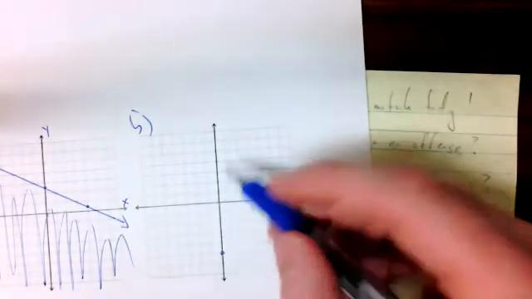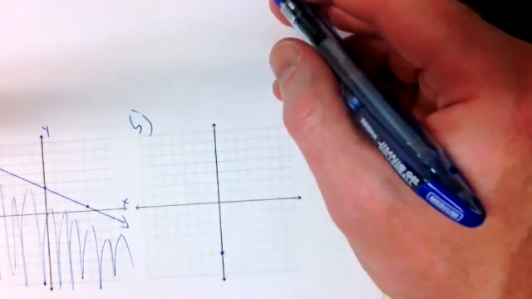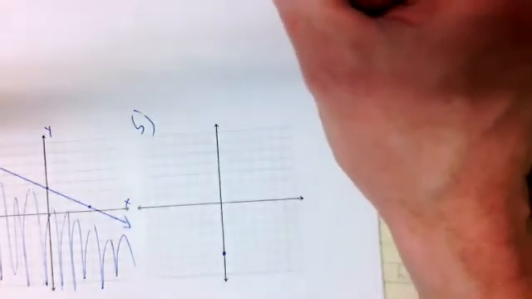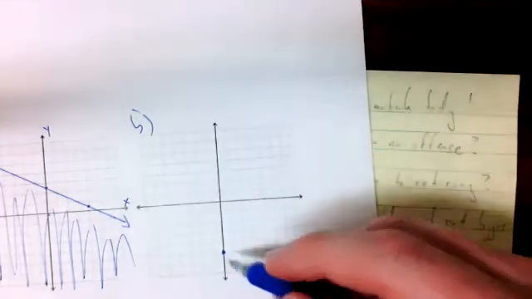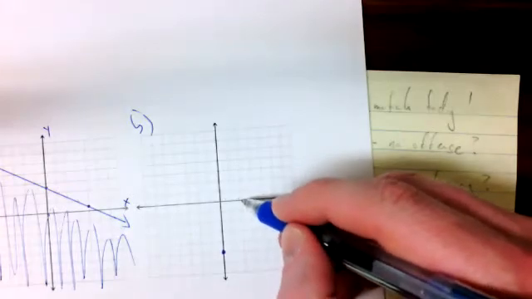This is a broken line. I have to remind myself. Slope is 2.5, so basically a rise of 5. This equals 5 over 2, which is rise over run. So I'll go up 5 and I'll go over 2. So I'll go 1, 2, 3, 4, 5, 1, 2. So it's pretty steep. That's okay.